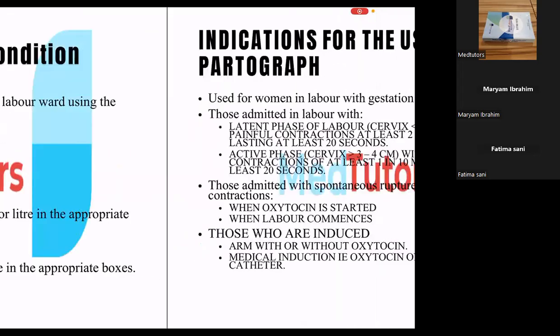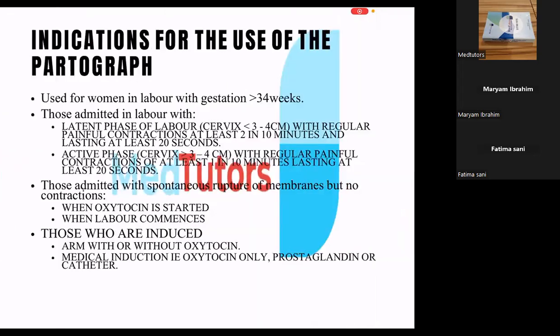So what are the indications for the use of the Partograph? You don't open a Partograph for a woman who has a gestational age of less than 34 weeks. So the woman must reach 34 weeks of gestation before you can open a Partograph for her when she's in labor.